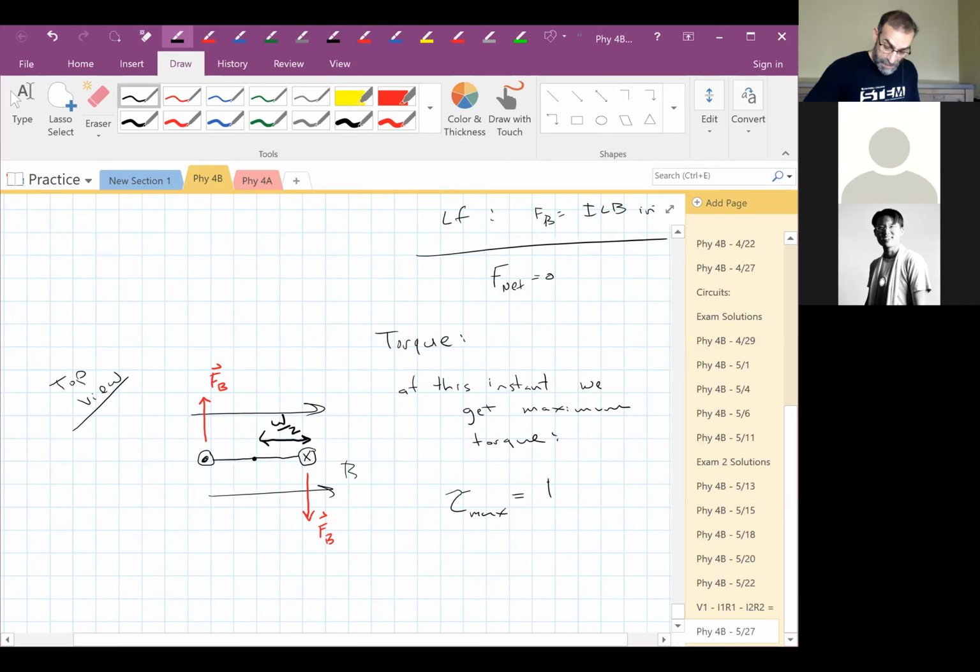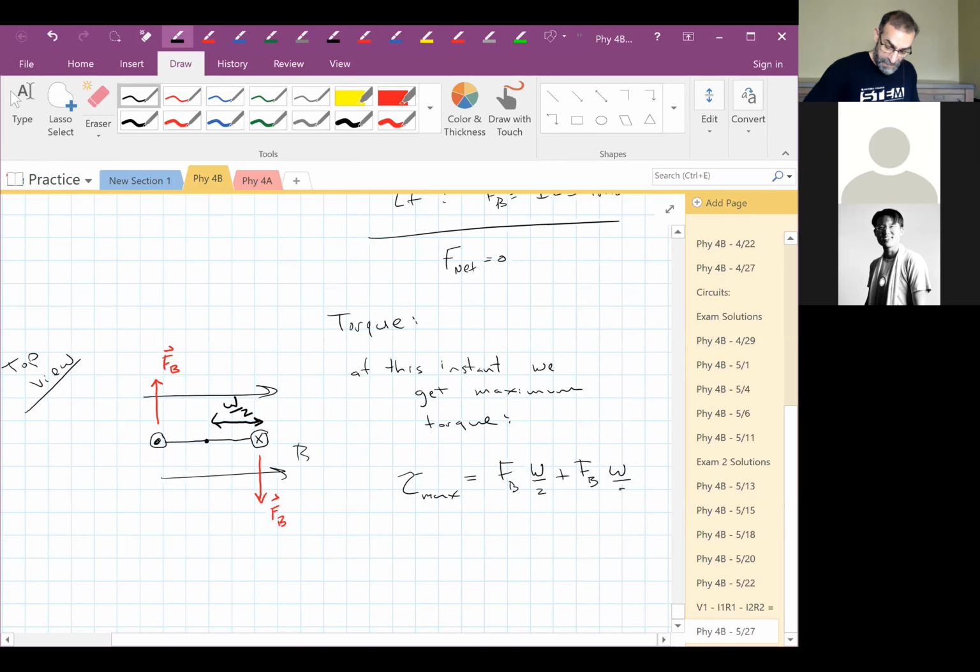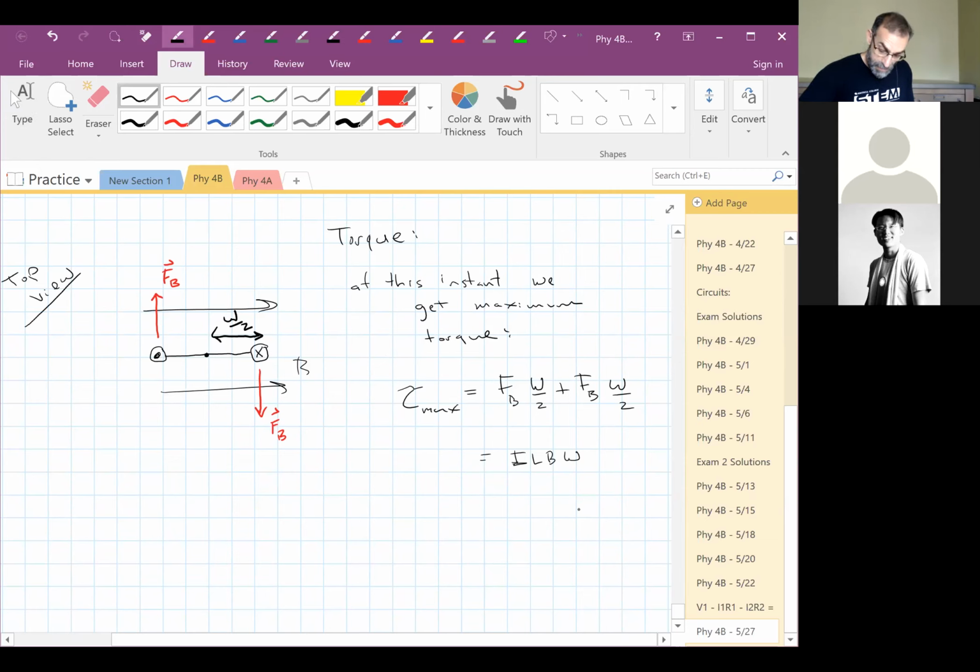So it's the force times the lever arm, plus the other one times its lever arm. And what do I get when I plug everything in? I get I, L, B, W over 2 plus W over 2, which is just W. And what is L times W?